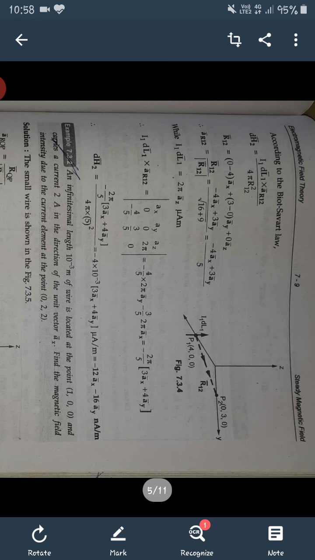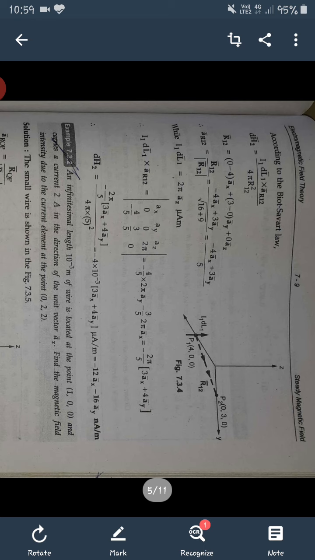So you will have the unit vectors ax, ay, az. This is because it is a Cartesian coordinate system, and the coordinates of I1 dl1 are 0, 0, 2 pi, because it is 2 pi az. There is no x component, there is no y component, only a z component.